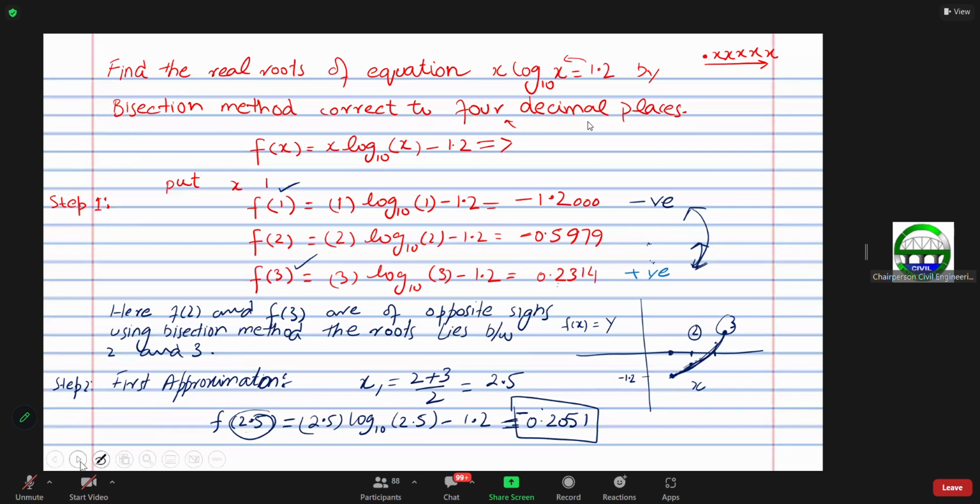And in the second iteration, x2 will be equal to (2.5 plus 3) divided by 2, which is equal to 2.75, right?